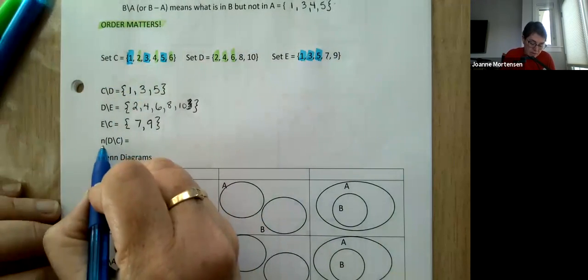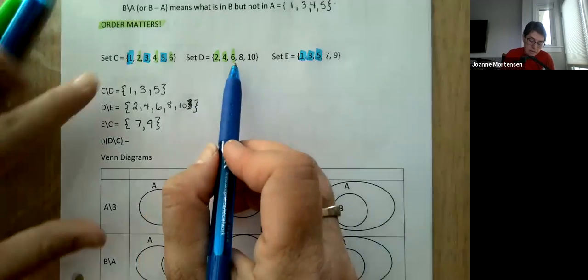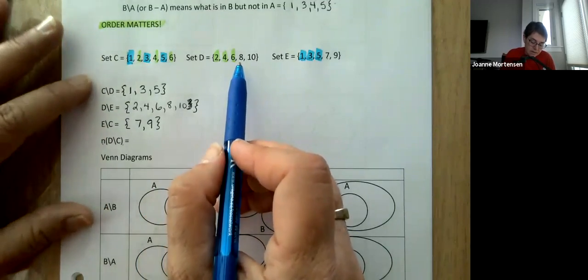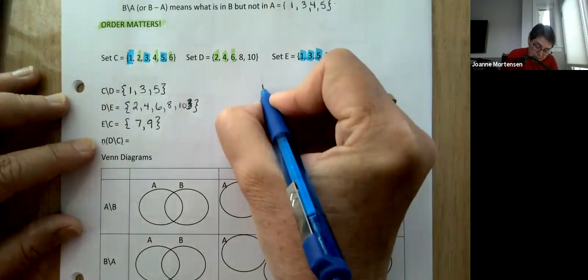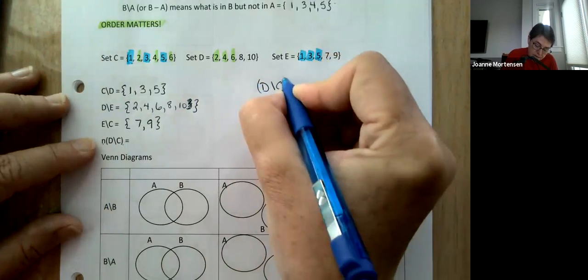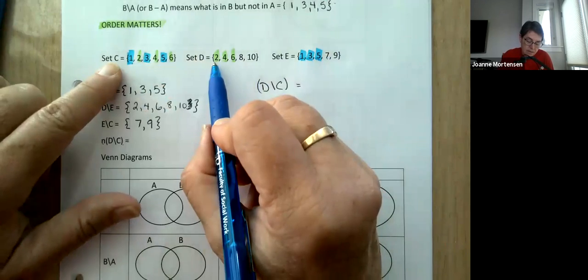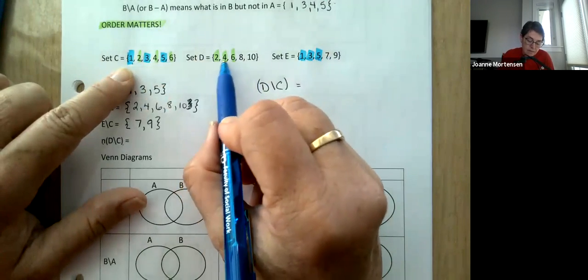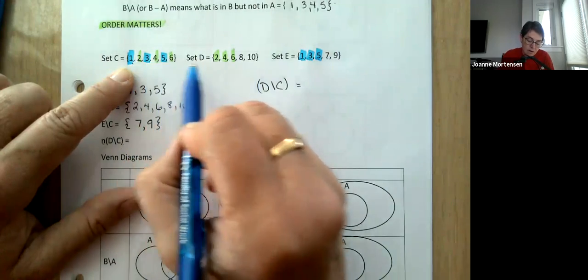Oh, then we got to go with a number in D, but not C. All right. You know what? I'm going to do this first. So I want set D, but not this one. Oh, okay. The green ones here are the ones that are in common.